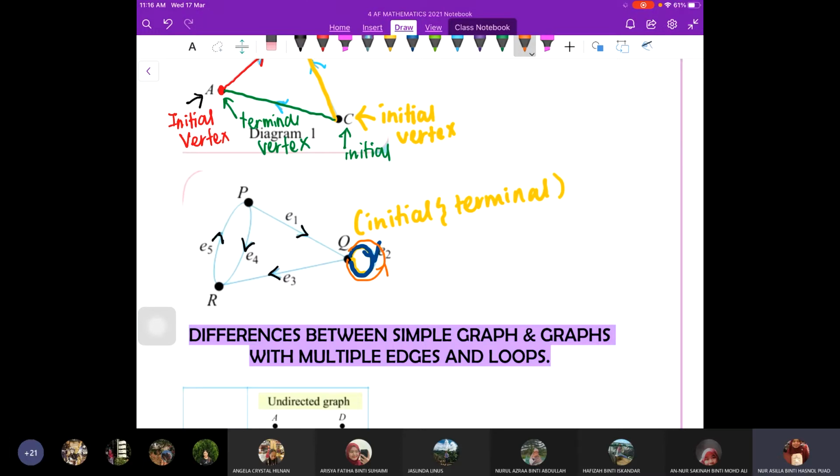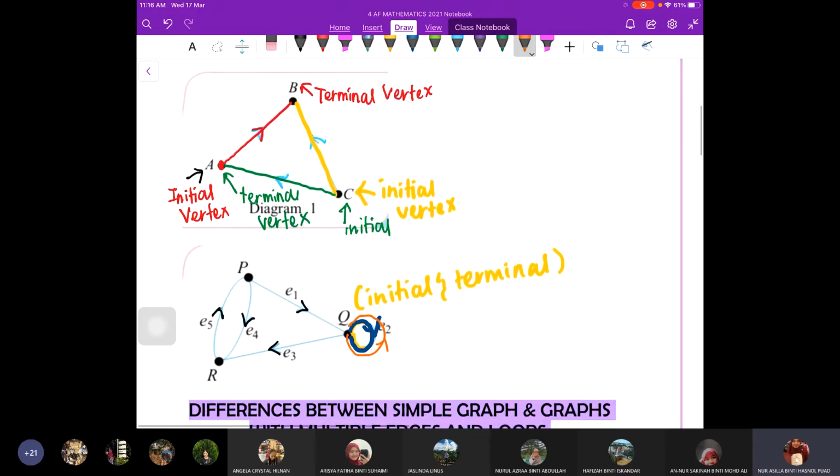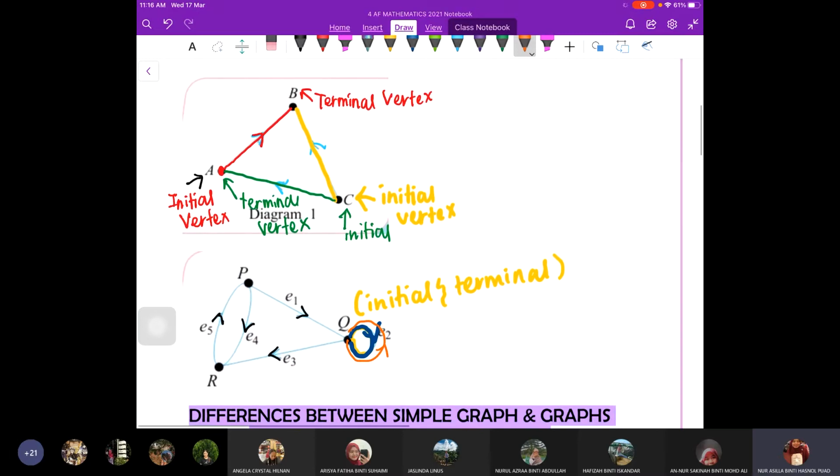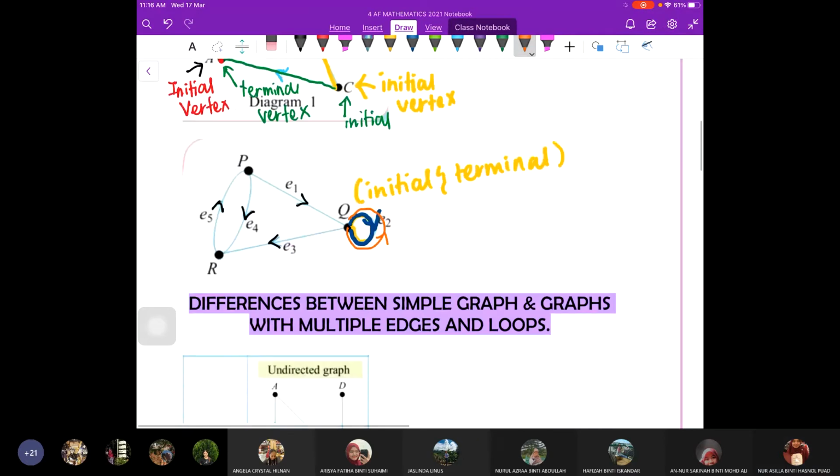Both ways, clockwise and anti-clockwise. So Q will be initial and also terminal. Okay, so that is an introduction about directed and undirected graph. Okay, so undirected graph adalah graph yang kita jumpa sebelum ni lah, without arrows.